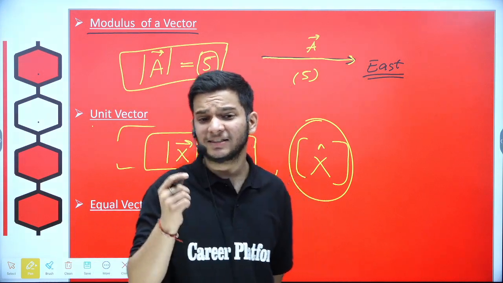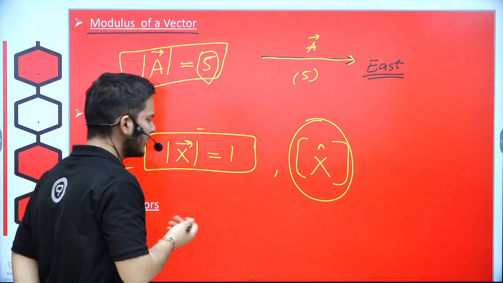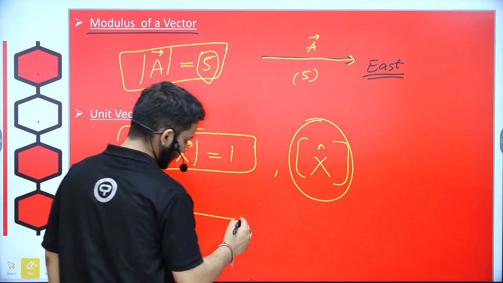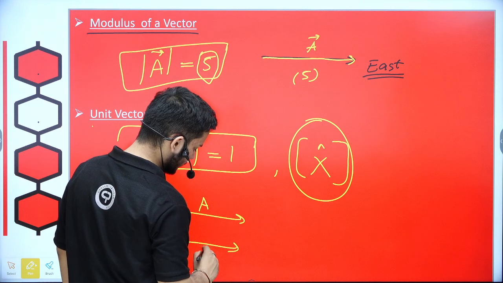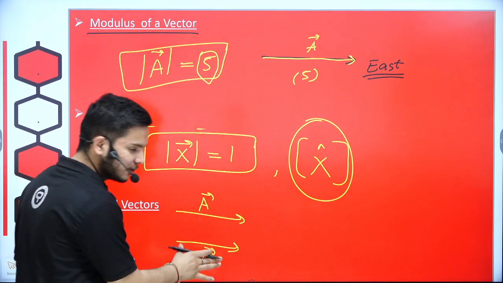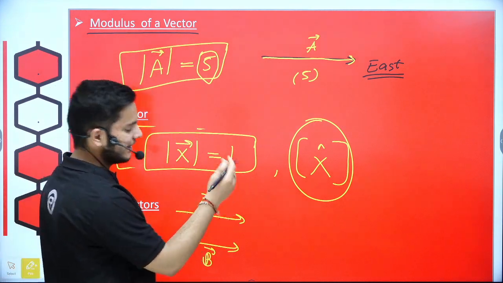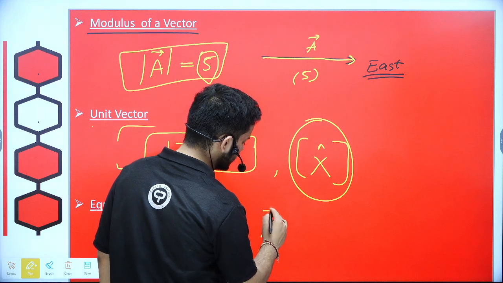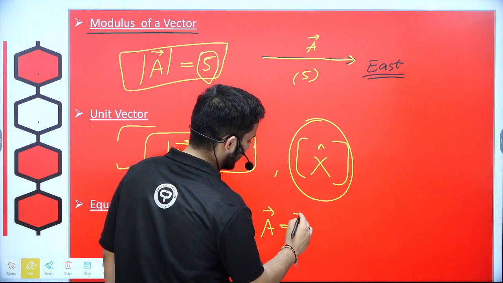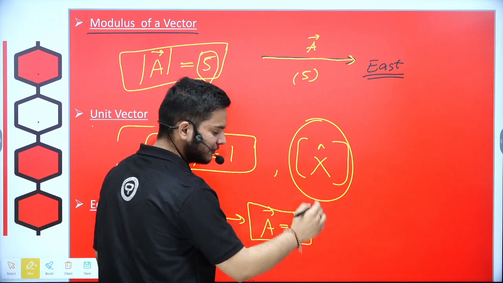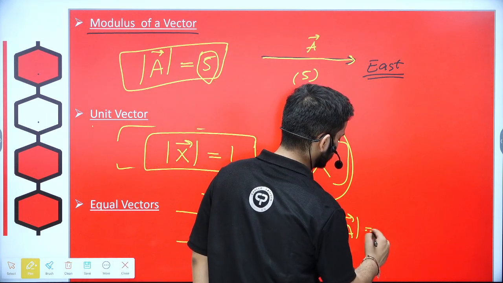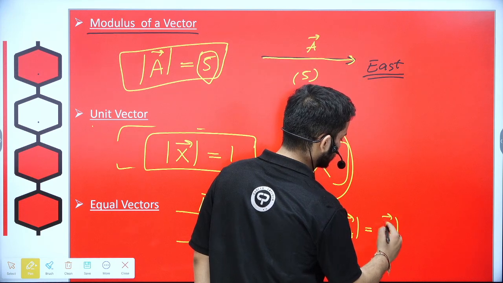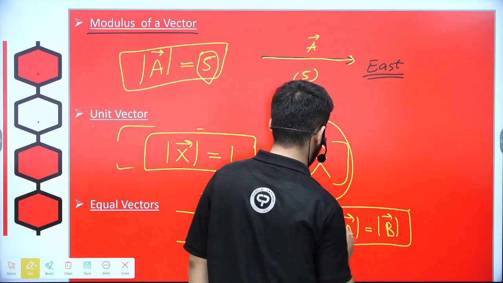That is unit value. Okay, equal vectors we know. Suppose this is a and suppose this is b. B vector and a vector have equal value and equal direction. So these are called equal vectors. See, there is a difference between this and this.